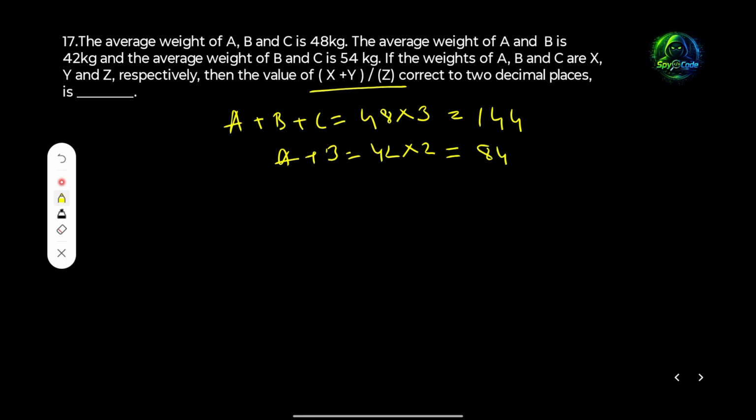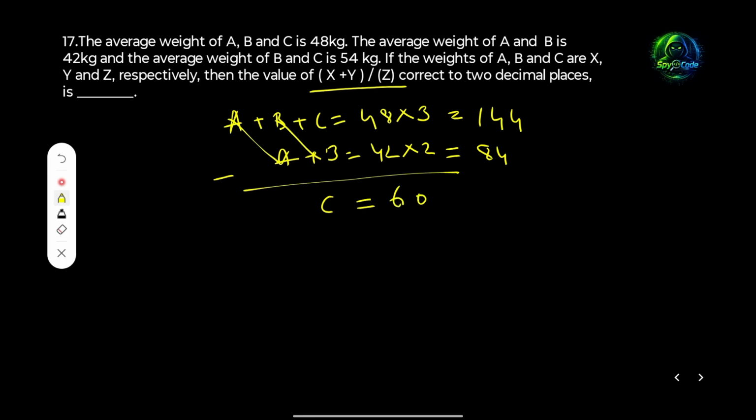Okay. So we know that A plus B plus C is 144. On solving this equation, A and B both get cancelled and we are left with C, which is equal to around 60.